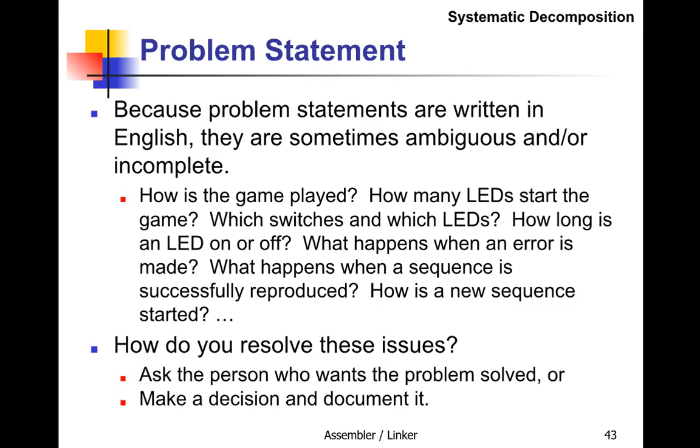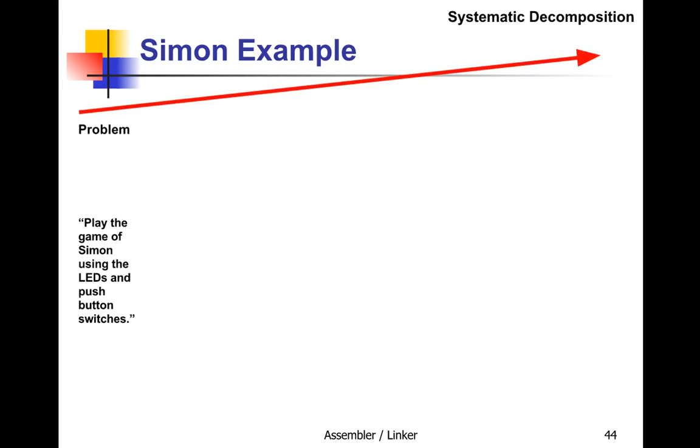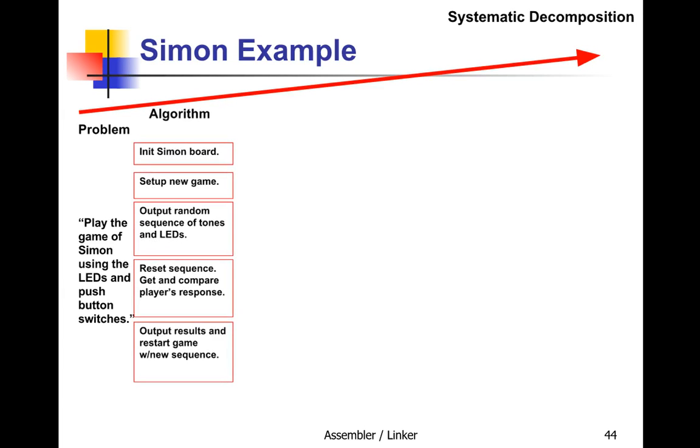So how do you resolve issues like this? Well, there's several ways. You could ask the person who wants the problem solved, or you can make an executive decision and document it. So let's look at a Simon example. The problem statement says, play the game of Simon using LEDs and push-button switches. I'm going to use systematic decomposition. So here's an algorithm.